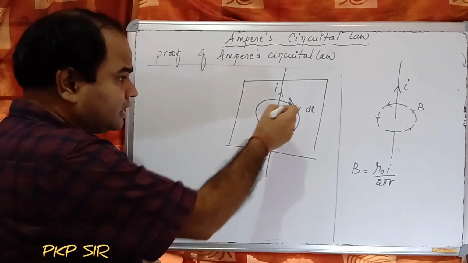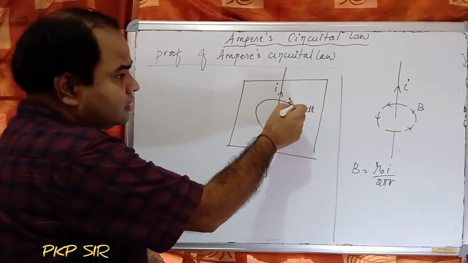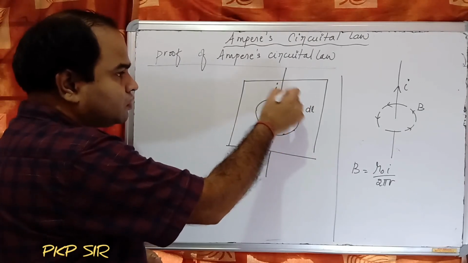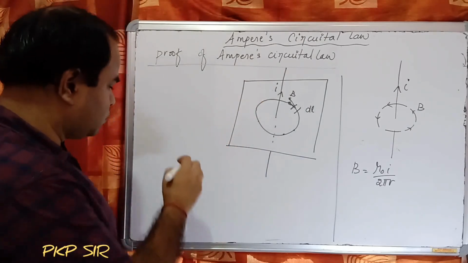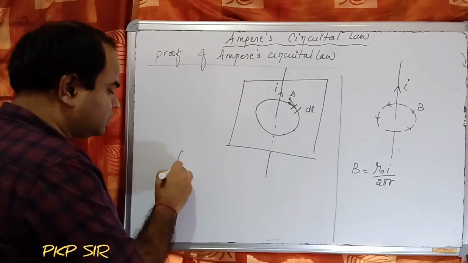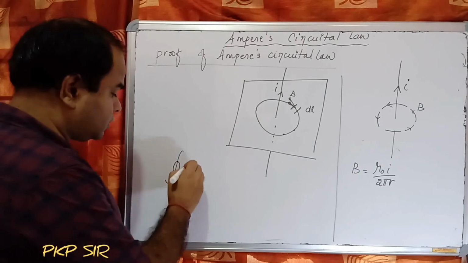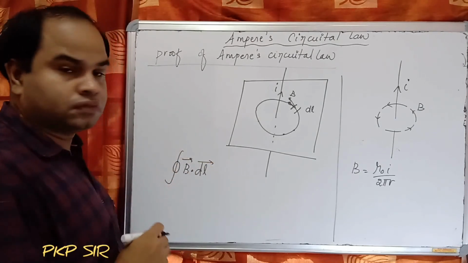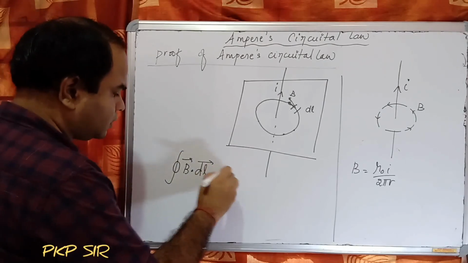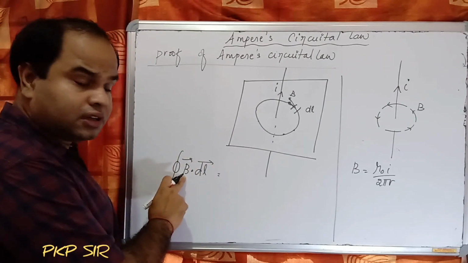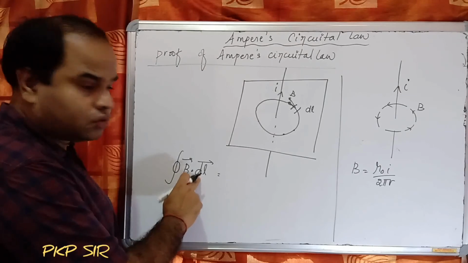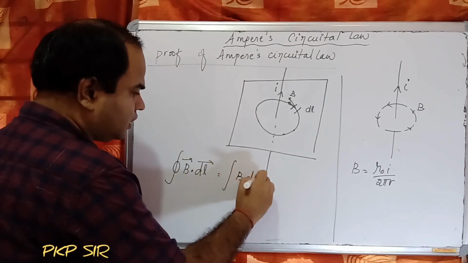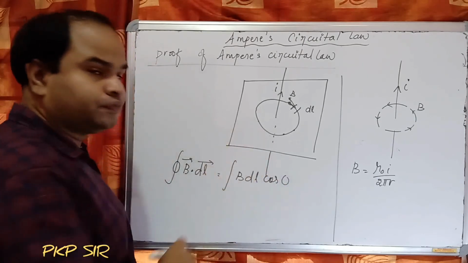So at this point the dl direction and the magnetic field direction are the same. So use Ampere's circuital law, that is, B dot dl is equal to B dl cos 0, since the angle between magnetic field and dl is 0.